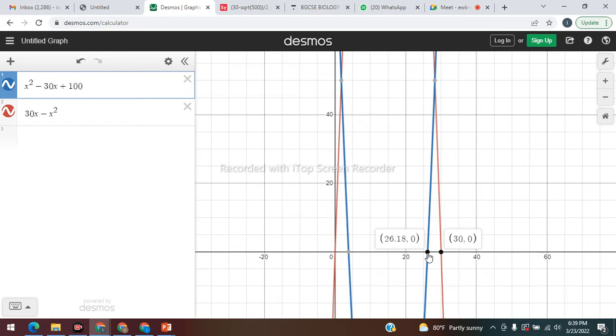What if we add 3.82 to 26.18? Let's see, 26.18 plus 3.82. Wow, that's exactly 30. See that? That's crazy. That's exactly 30.